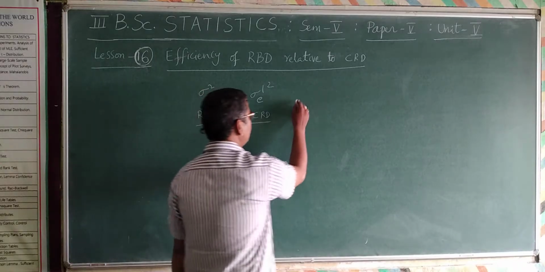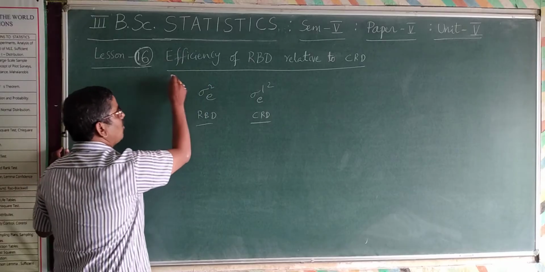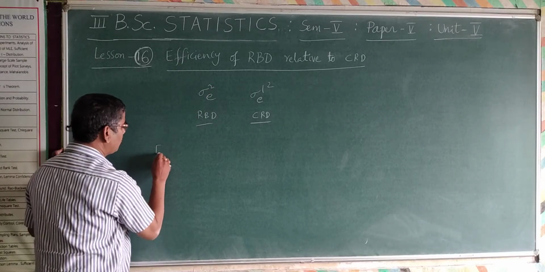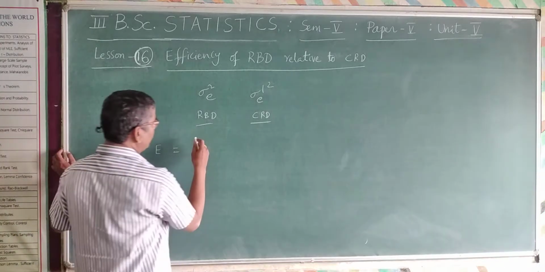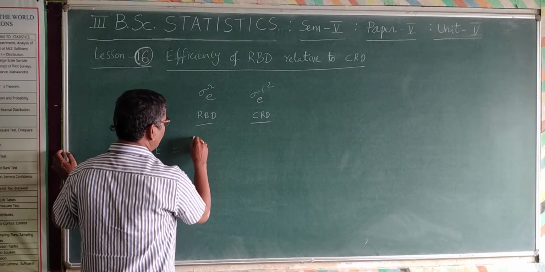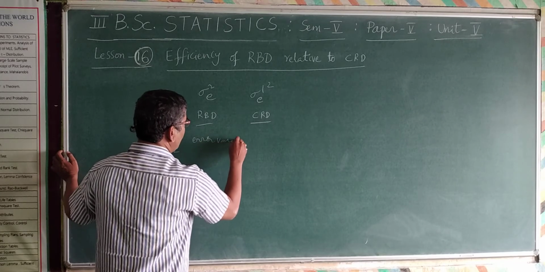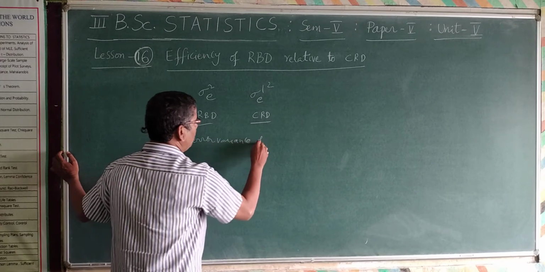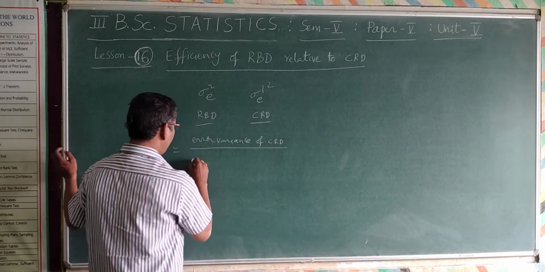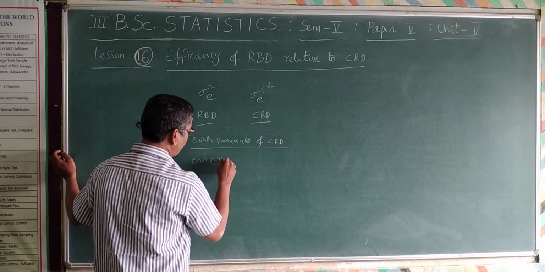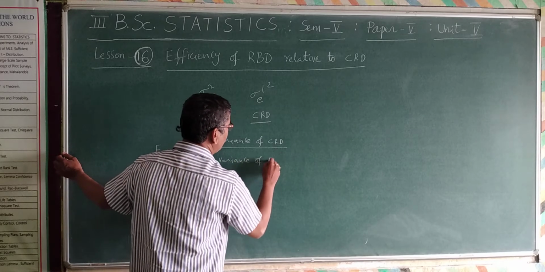Therefore, the efficiency of RBD relative to CRD, if I indicate it by capital E, is nothing but the error variance of CRD divided by the error variance of RBD.